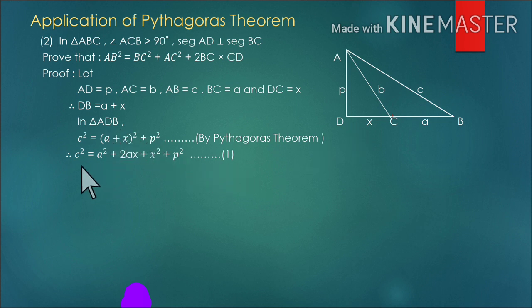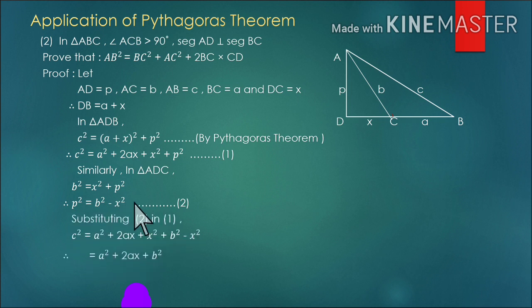Expand this term. C square is equal to A square plus twice AX plus X square plus P square. Give it number 1. Now consider triangle ADC. In triangle ADC, B square is equal to X square plus P square. Rearrange the equation. Therefore, P square is equal to B square minus X square.